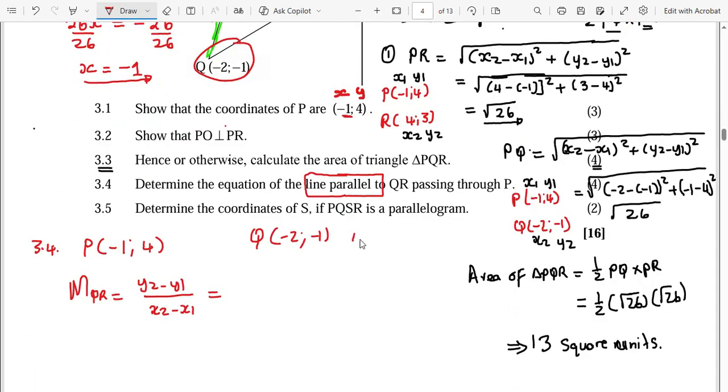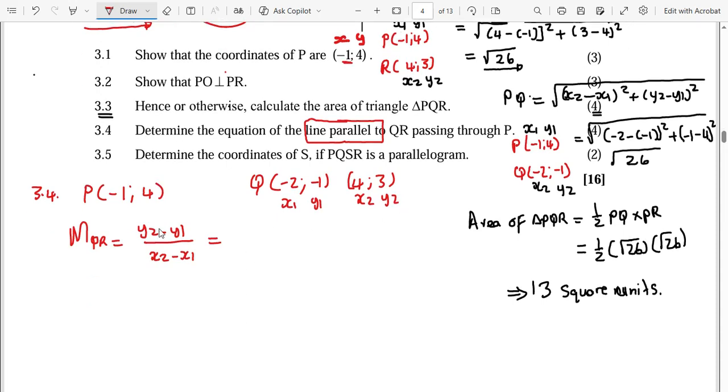So you need to identify which one is your x1, y1, which one is your x2, y2, so that it becomes easier to do the substitution on this gradient formula. So where there's y2, we put 3, minus where there's y1, you put minus 1. Everything is divided by your x2, which is 4, minus your x1, that's minus 2.